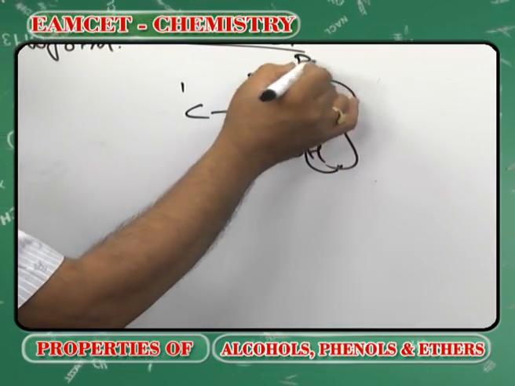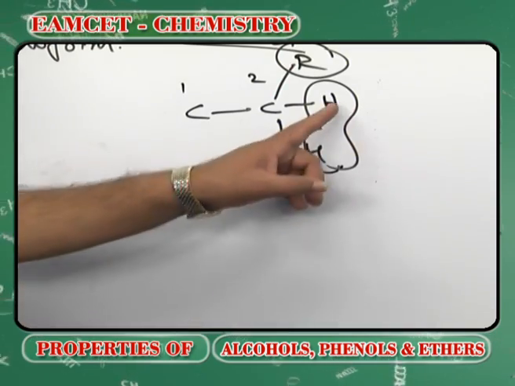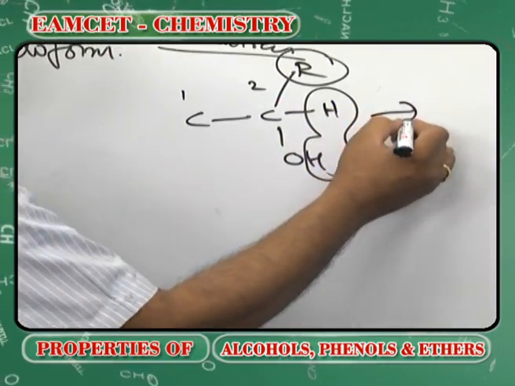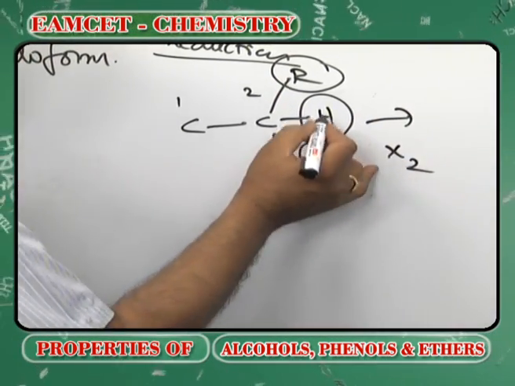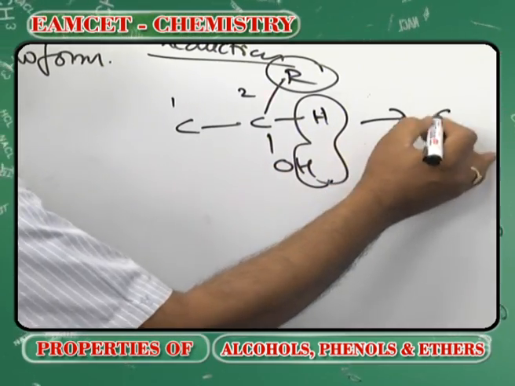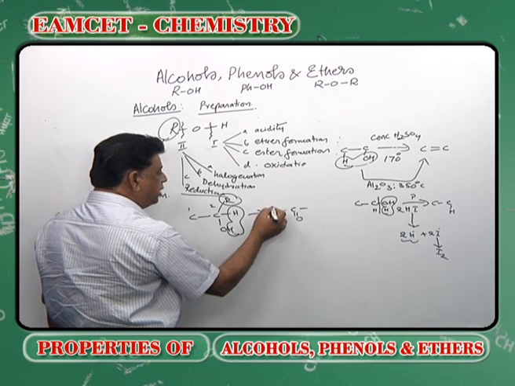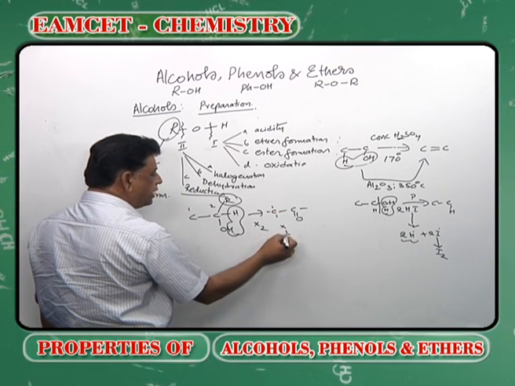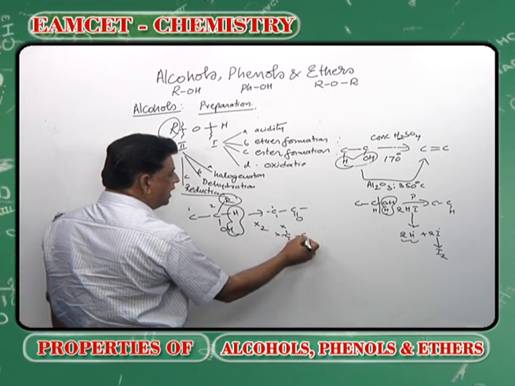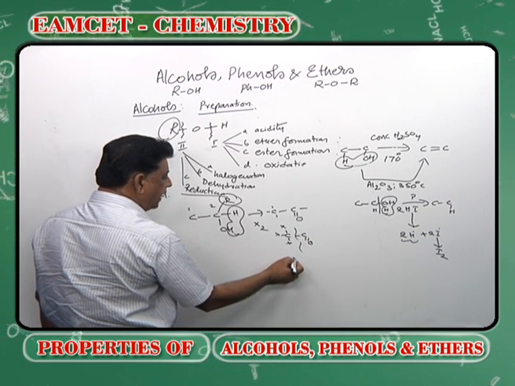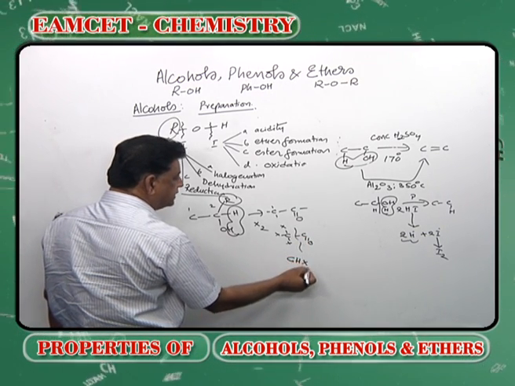You can also have some alkyl group, but the CHOH should be present. First, if X2 is used, 2 moles of HX are formed and the compound becomes a carbonyl compound, then the hydrogens present become a trihalo compound. This trihalo compound undergoes hydrolysis and you get CHX3.